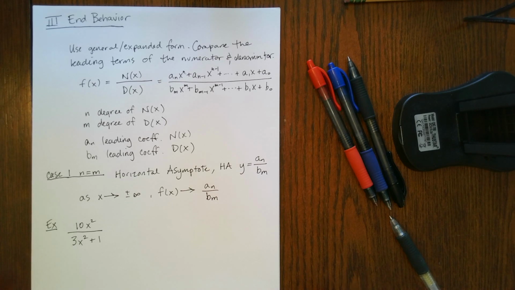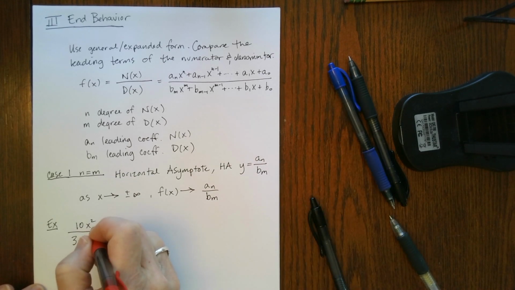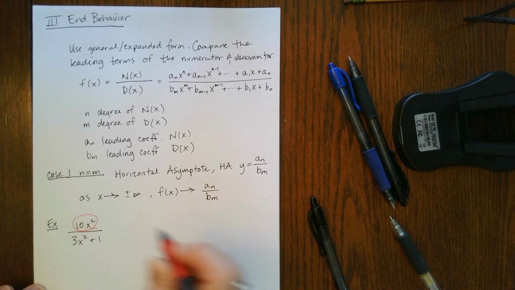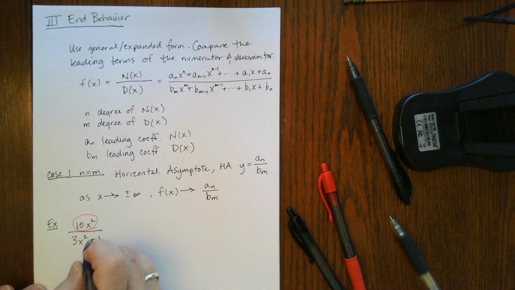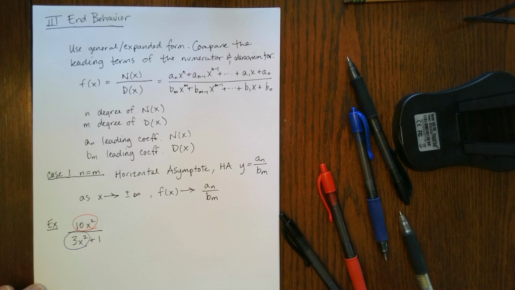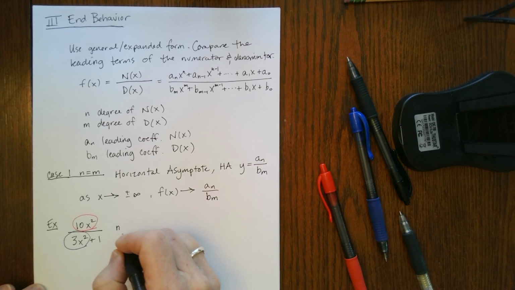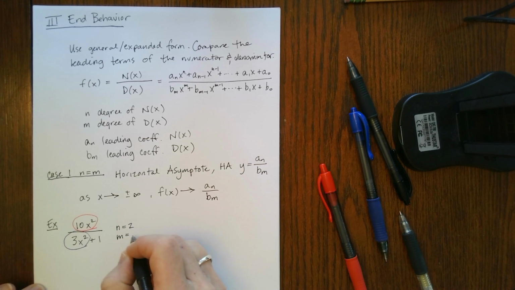Well, in this case, again, we want to look at the leading term in the numerator and also the leading term in the denominator and compare them. And you see that the degree of the first polynomial is n, and that's equal to 2, and m is also equal to 2.